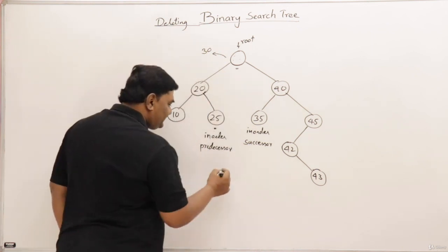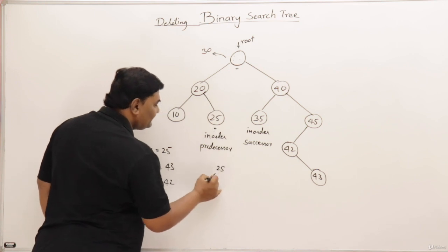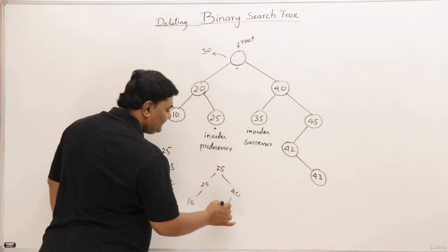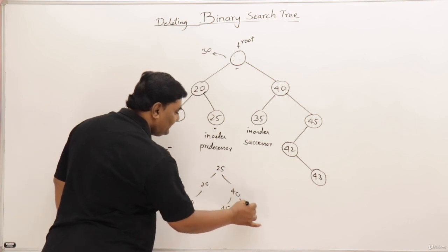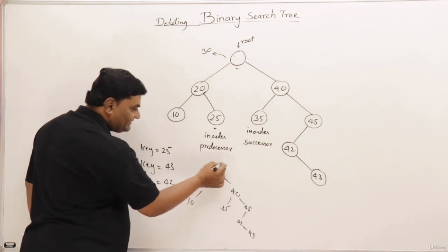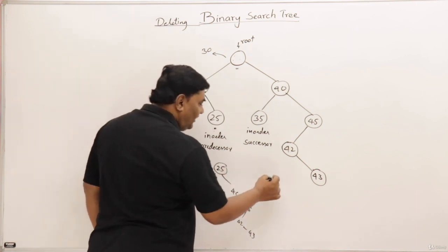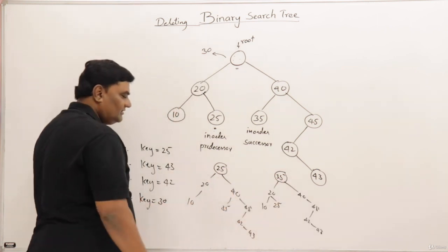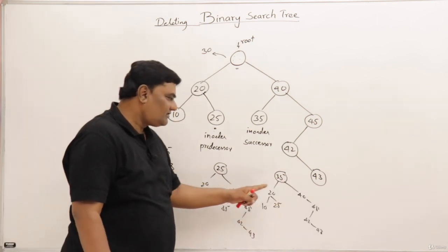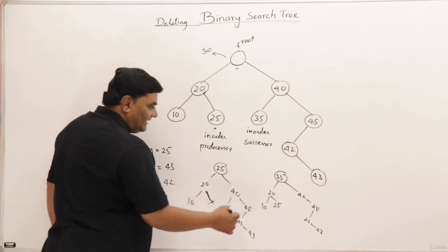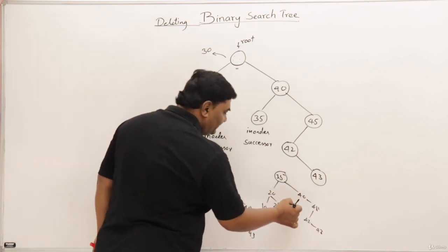The result can be 25 as the root, with 20 and 10 on this side, and 40, 35, 45, 42 and 43. Or it can be 35 in the root. Either 25 is in the root or 35 is in the root. From here the node is deleted, and from here the node is deleted.